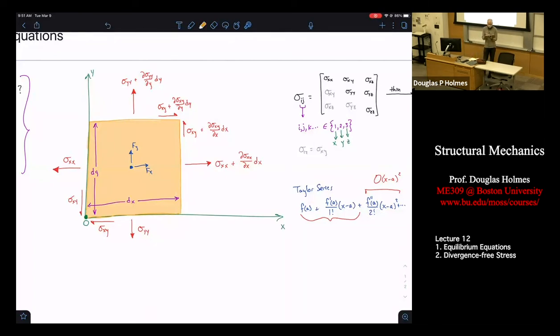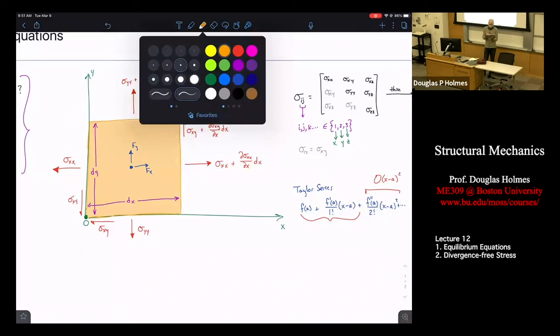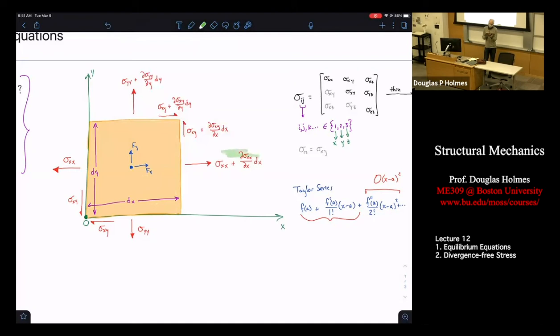Okay, so before we do our summation here, let's point out a couple things. This direction and this direction and this direction and these directions are all positive x and positive y.